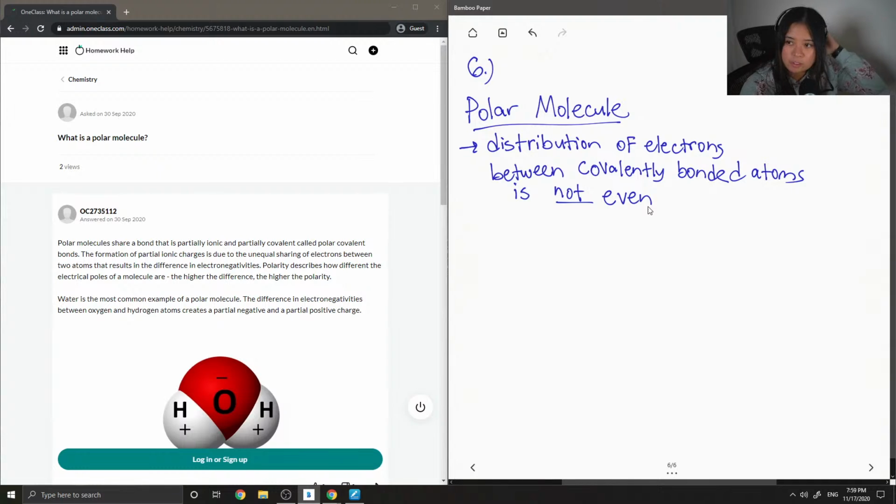So this may be due to some differences in electronegativity. I'm also going to add that polar molecules have an overall non-zero dipole moment.